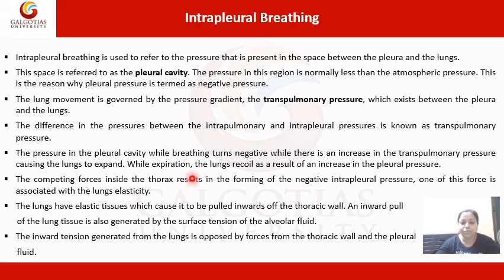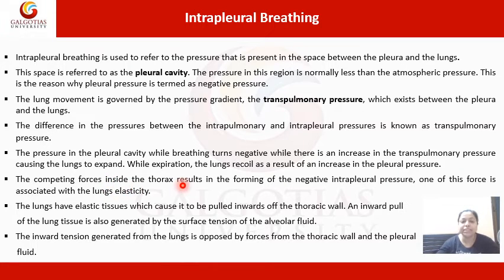The competing forces inside the thorax result in the forming of the negative intrapleural pressure. One of these forces is associated with the lungs' elasticity. So what they're saying is that this transpulmonary pressure and the pleural pressure are opposite to each other, and these are the competing forces that we are talking about.